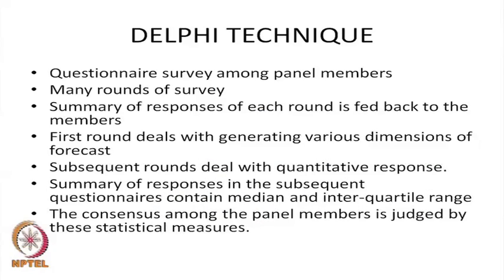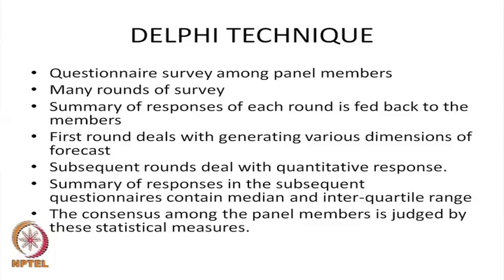Normally, in the second round or in the third round, we have quantitative responses, and in that case what normally DELPHI technique does is to find out the median of the responses and the interquartile range. So, median, like mean, is a measure of the central tendency, and interquartile range is like standard deviation.